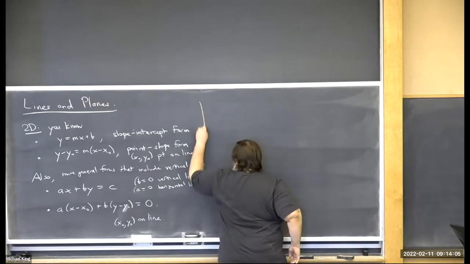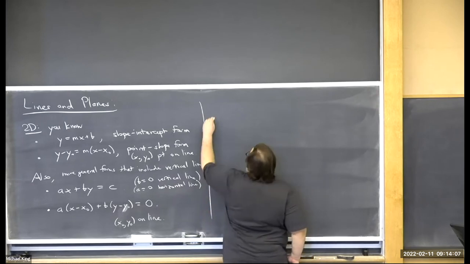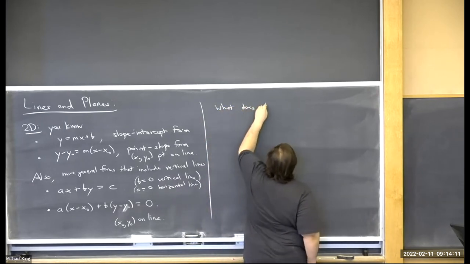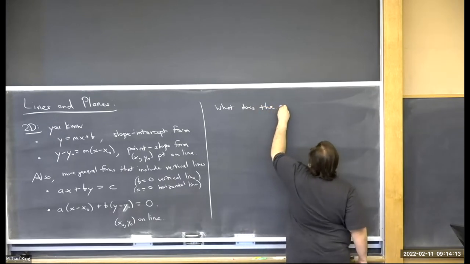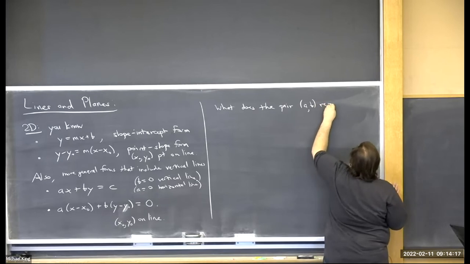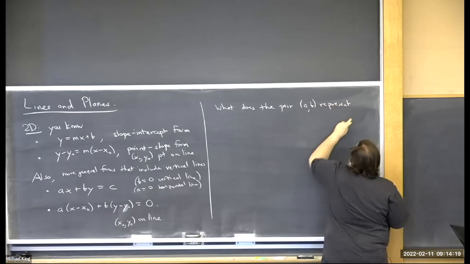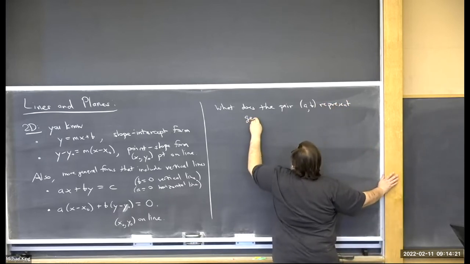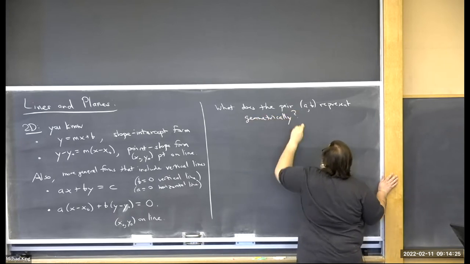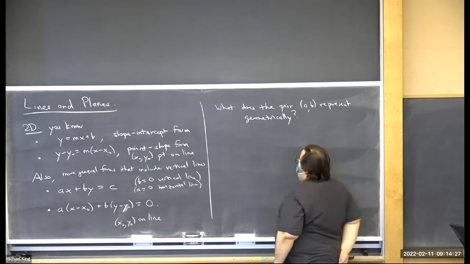So what does the pair a comma b represent geometrically? So that's one reason probably you don't see these forms as often. But I claim it has a really nice interpretation. So let's do an example.